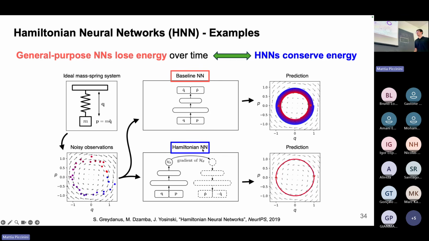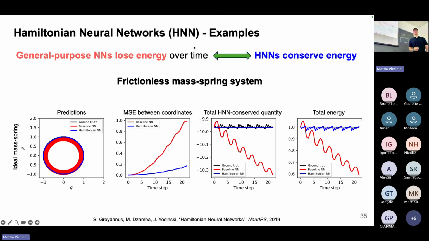Instead, with a Hamiltonian, you take your noisy measurements Q and P, use them to train your neural network for the Hamiltonian, with the loss function we've seen before. And at the end, if you integrate the Hamiltonian, you tend to conserve energy better, similarly to the Lagrangian.